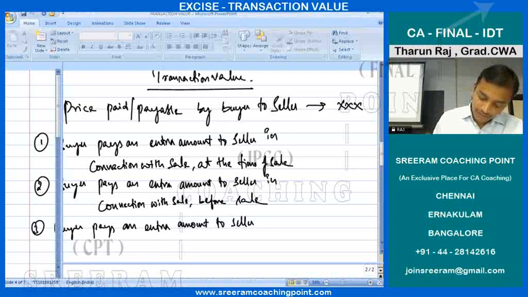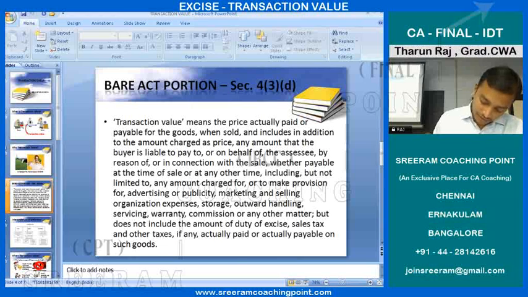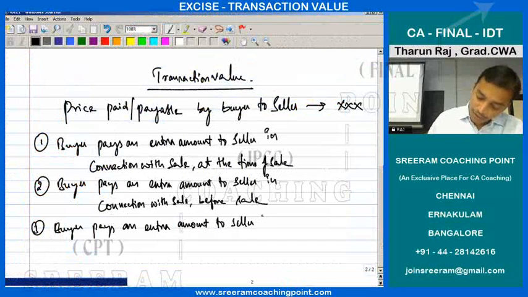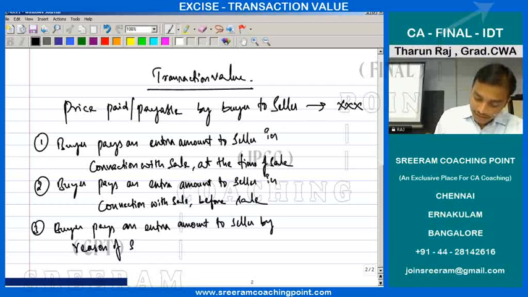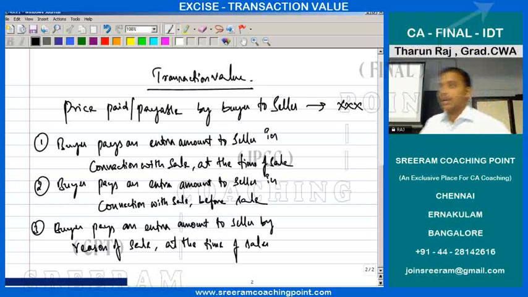Third, the buyer pays an extra amount to the seller by reason of sale at the time of sale. If you want really the total thing, I will write.